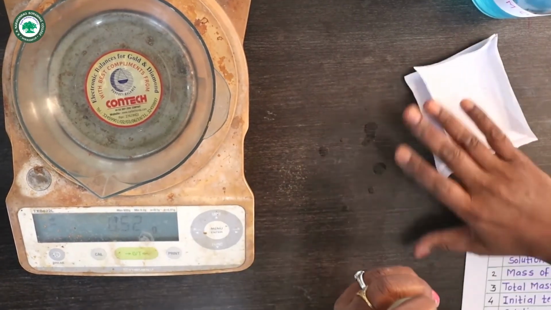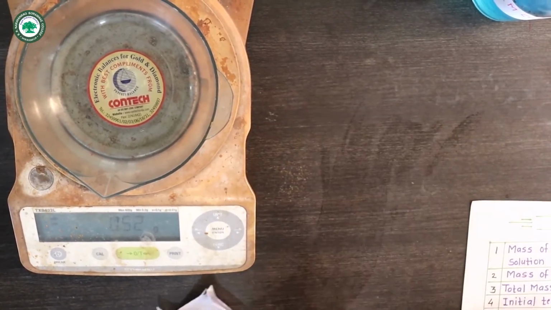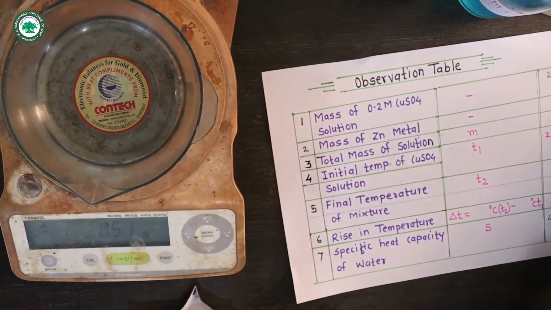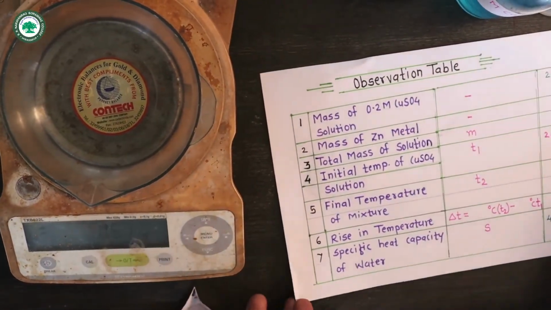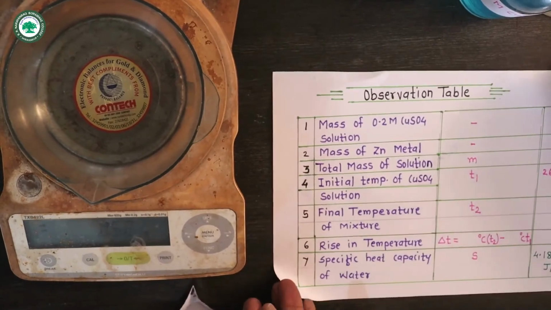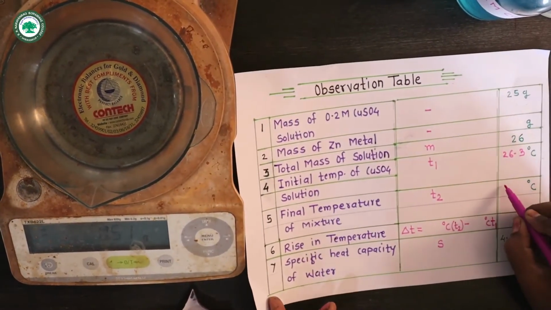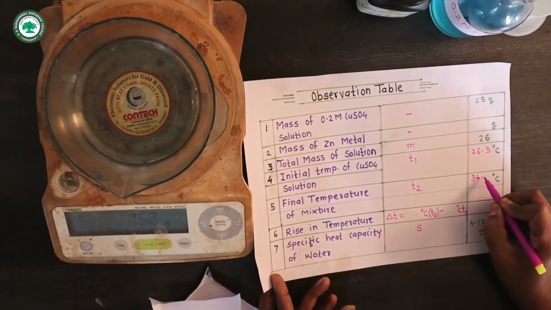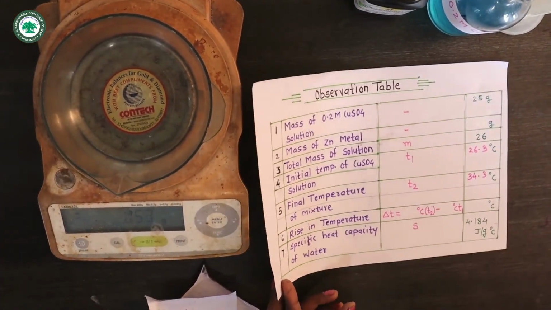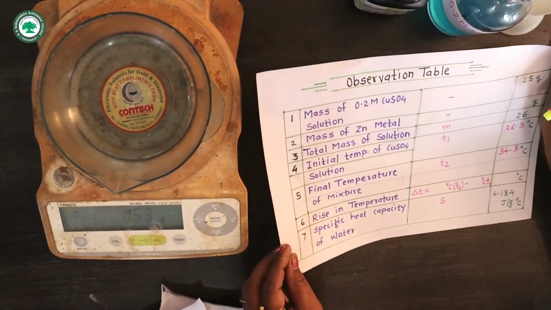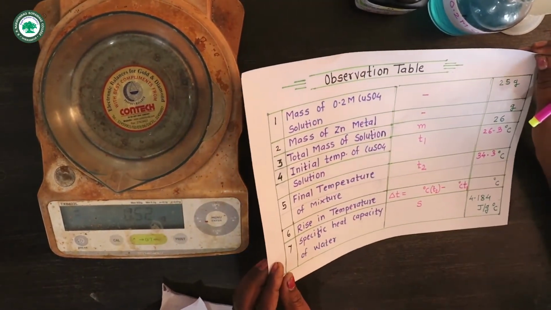Now write that temperature in the observation table: 34.3 degree Celsius.